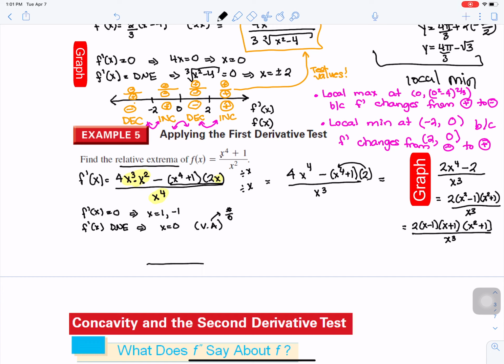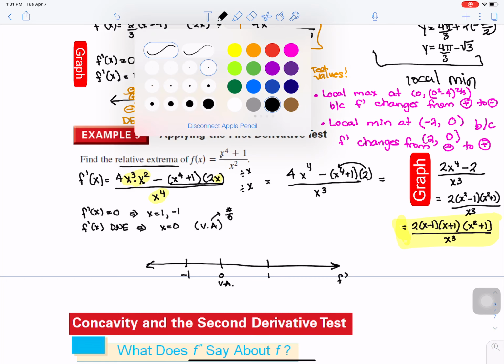So now when I draw my number line, I have my derivative. This expression here is where I'm subbing values into. So I put 0 on my number line, but underneath I'm going to label it as a vertical asymptote. A vertical asymptote cannot be labeled as a max or a min because it's a vertical asymptote.